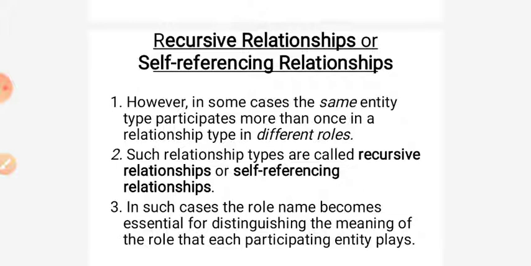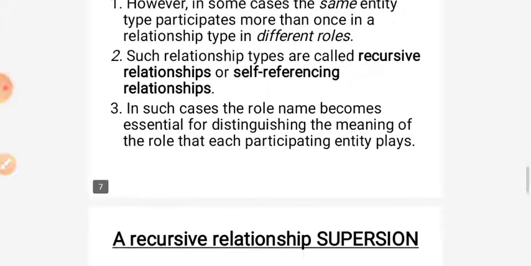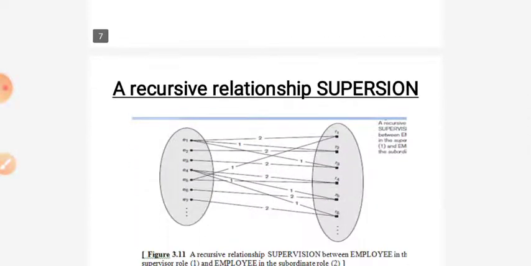That is, the same entity referring to itself. In such cases, the role name becomes essential for distinguishing the meaning of the role that each participating entity plays. So here, role name is very, very important when the same entity is participating twice.